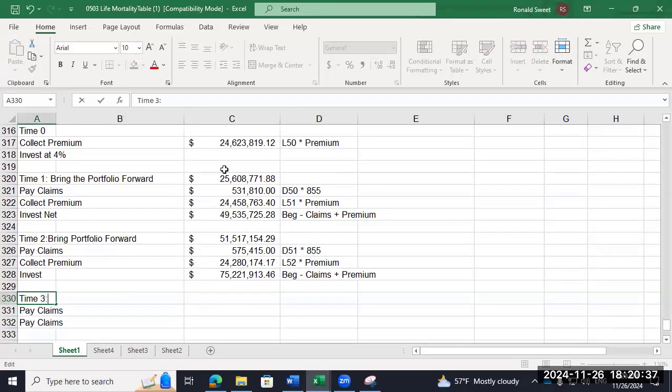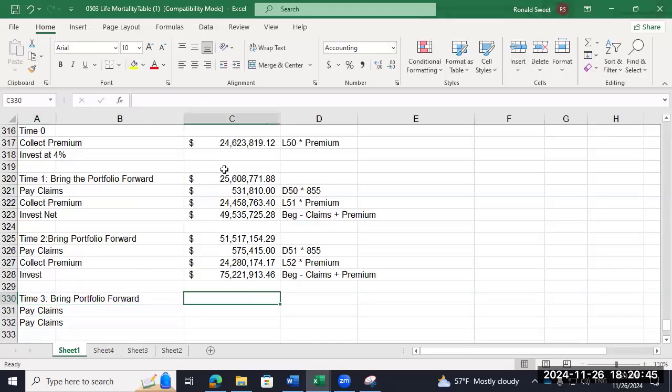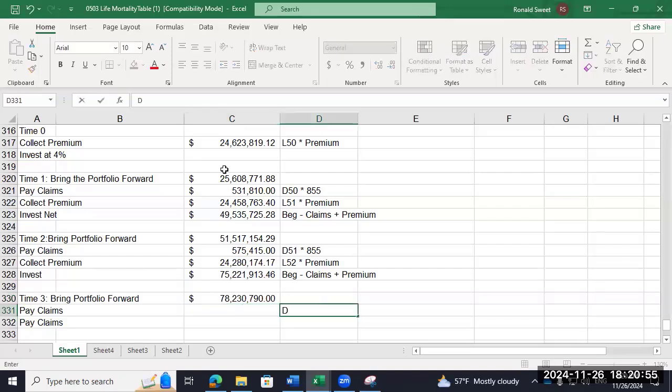And then we have time 3. Bring your portfolio forward. Here we better get a really, really round number in Excel. On the exam, you won't because you have some rounding issues. But here we should get a really round number. And we did. Pay claims. First, we're going to pay our death claims, D52 times 855.